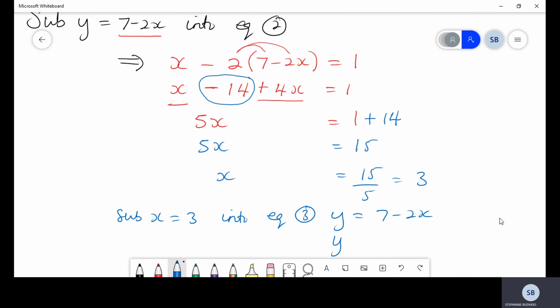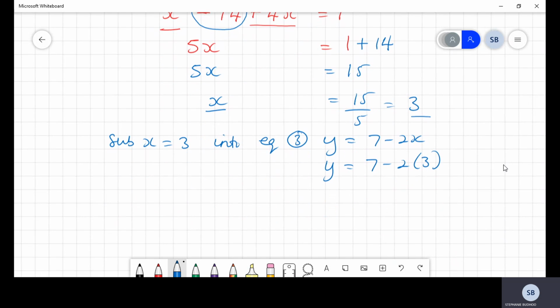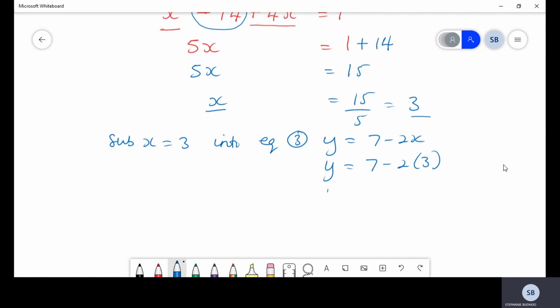So y is simply going to be equal to 7 subtract our value of x, which we found to be 3. We substitute that here, and then we end up getting 7 subtract 6, which is 1. Therefore, x is 3 and y is equal to positive 1.